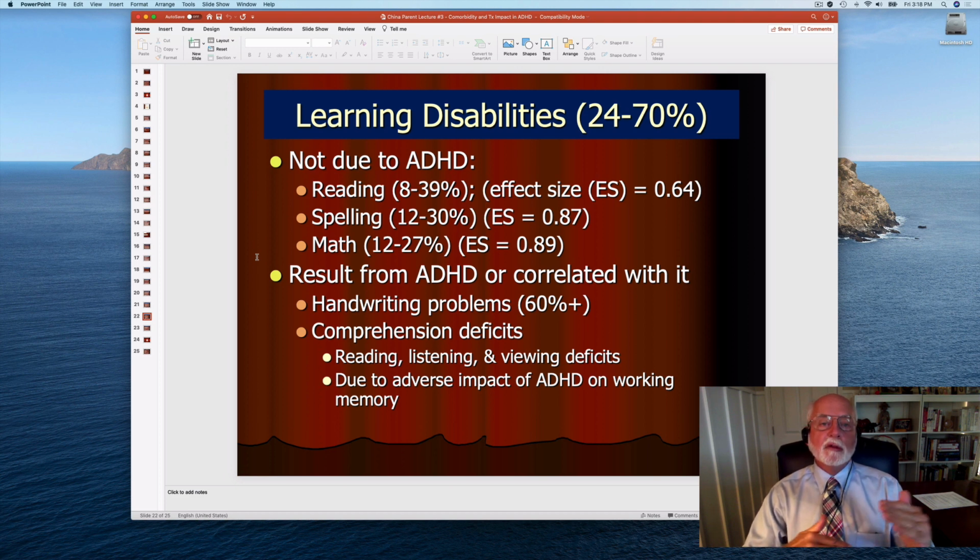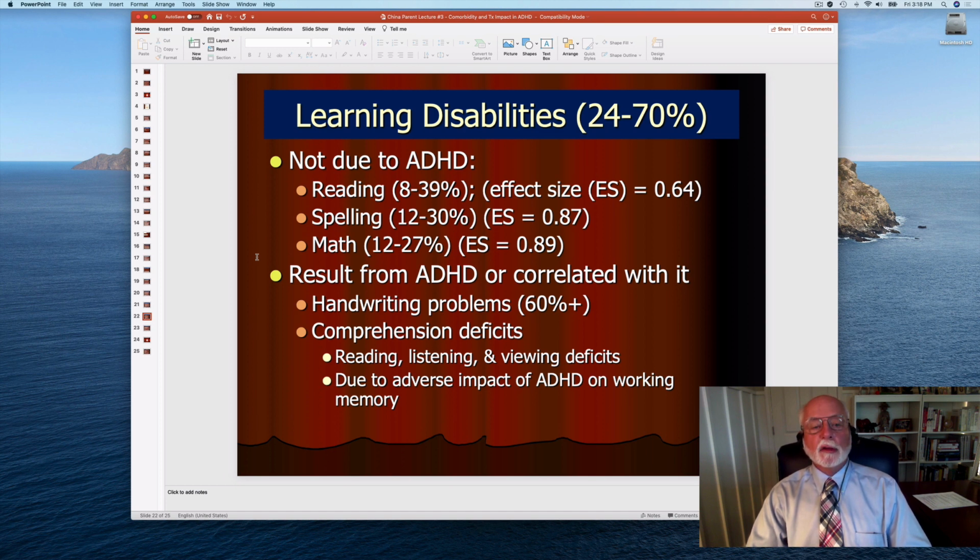Where there is a dramatic delay, a serious delay in these academic abilities, we call it a specific learning disorder, or LD, learning disability for short. Between 35 and 50% or more of ADHD children are also likely to have a learning disability.